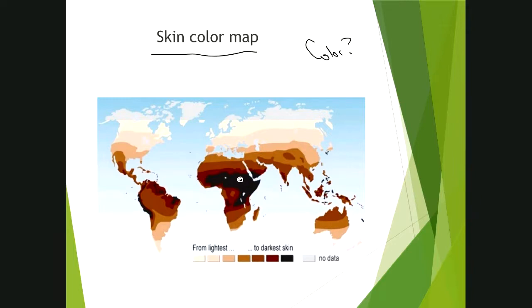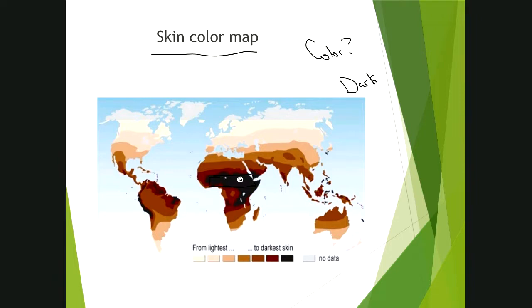They were very, very dark. Maybe even so dark you could say that they were black. They were very dark, which was great, because right here is where there are tons of this UV light. And so if you're very dark, you're not going to have a chance of getting skin cancer. There's no problem with rickets here because there's so much UV light.